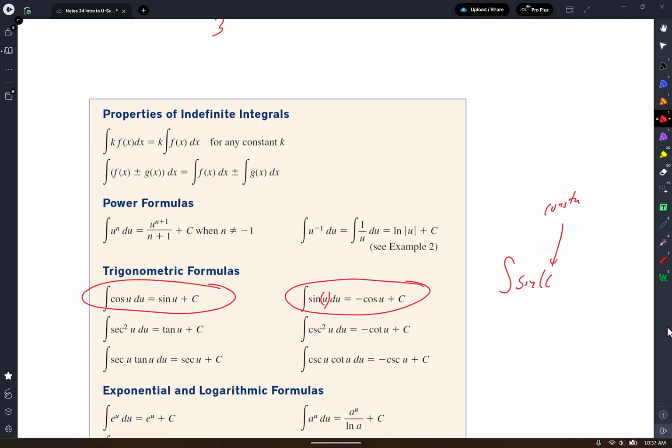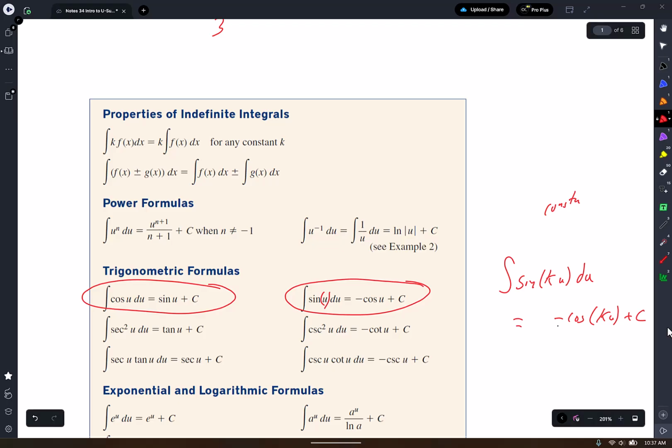No, let's not use c because we're also using c for the plus c. So let's use k. The integral of sine of ku du. Remember the chain rule. The antiderivative of that is negative cosine of ku plus c, but I'm missing something in the front.